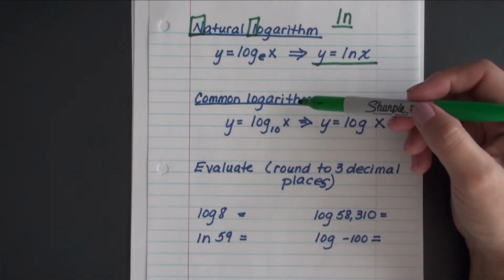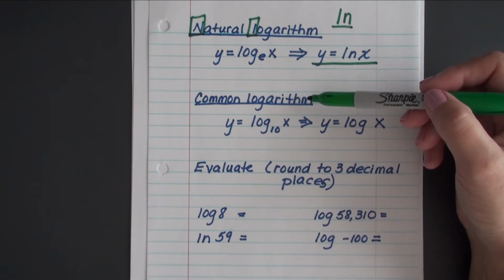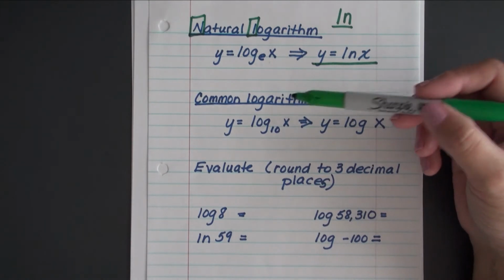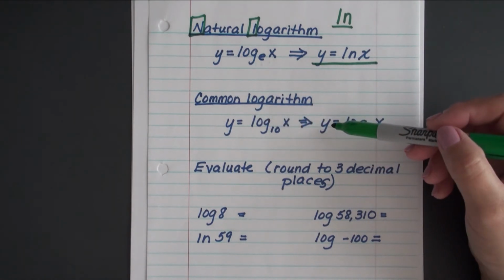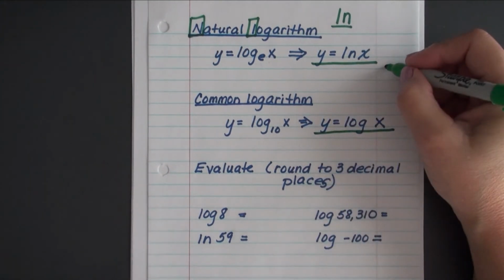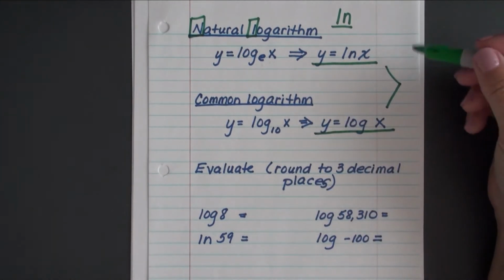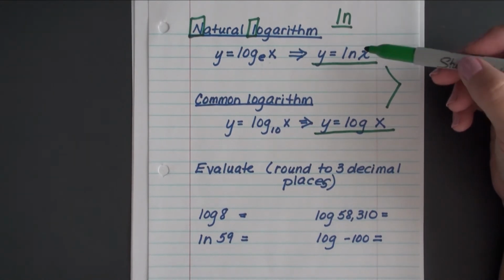The other definition that we need to be aware of is the definition for a common logarithm. y equals log base 10 of x is equivalent to y equals log of x. So both of these buttons are on your calculator because we use them quite often in calculations.